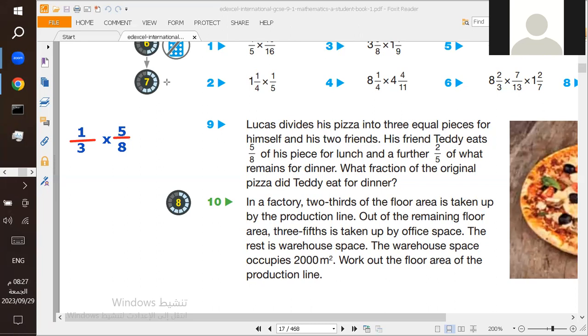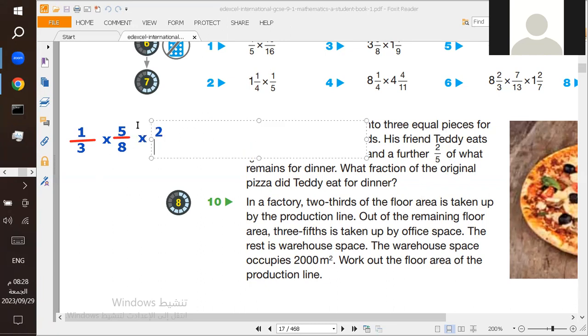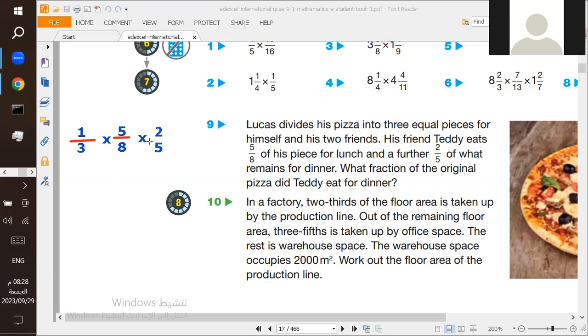Of his piece for lunch. And a further 2/5, same idea, of what remains for dinner. So I'm going to multiply it again by 2/5. This way will help me find the final fraction of the pizza that Teddy ate for dinner, okay?